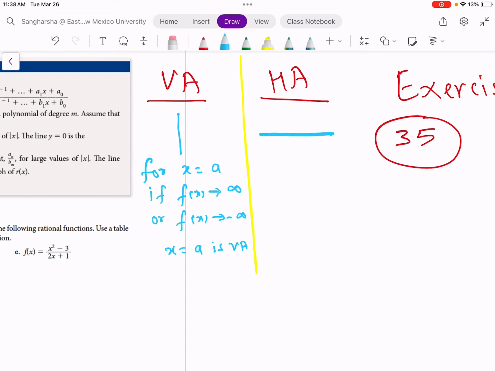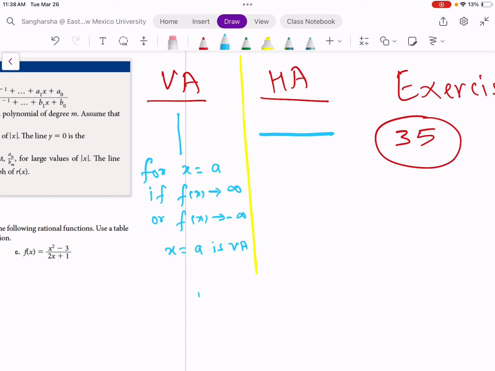A vertical asymptote is a vertical line. That's the very first thing that we need to know. And for x equals some number, we don't know what number that is. If your output is very large or very small, then x equals a is a vertical asymptote, like the one that we had.